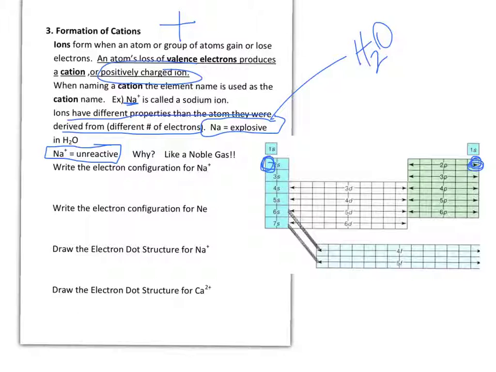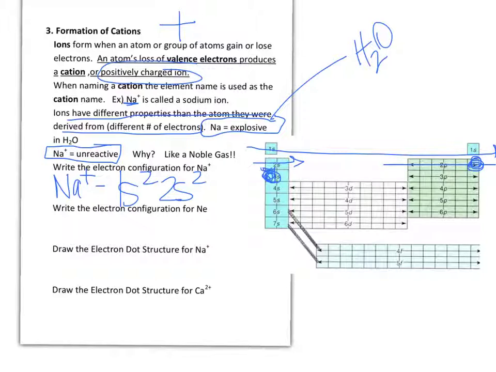So if we write the electron configuration for sodium plus, instead of doing the full electron configuration, 1s2, 2s2, 2p6, what will happen is we are going to lose one electron.